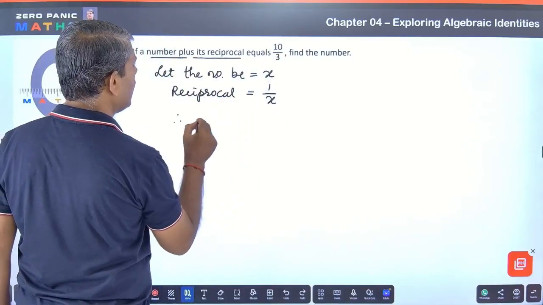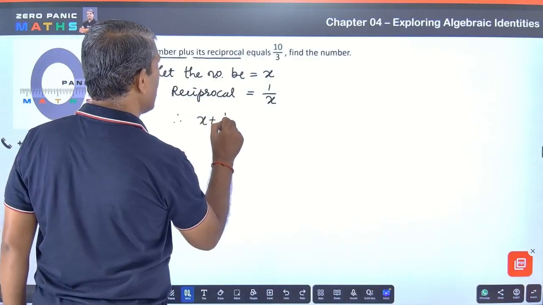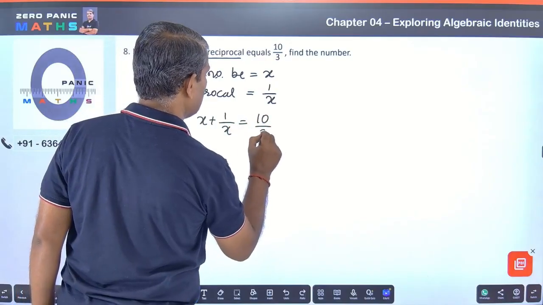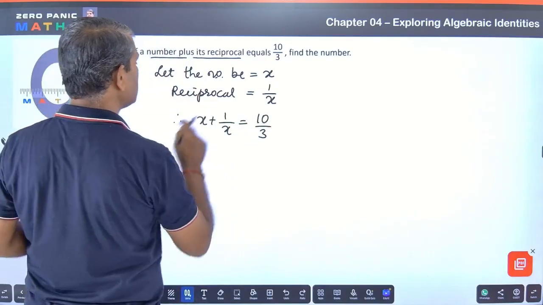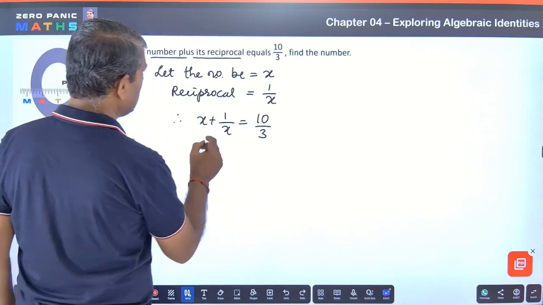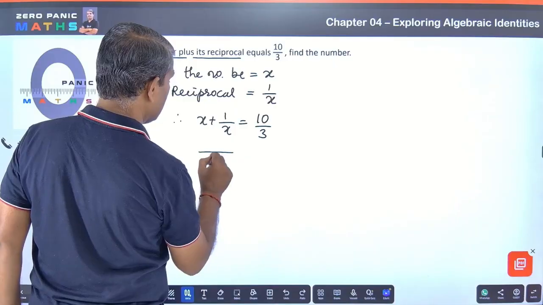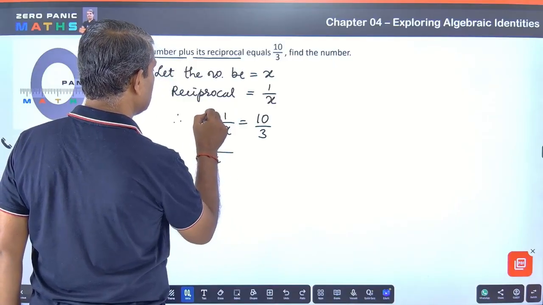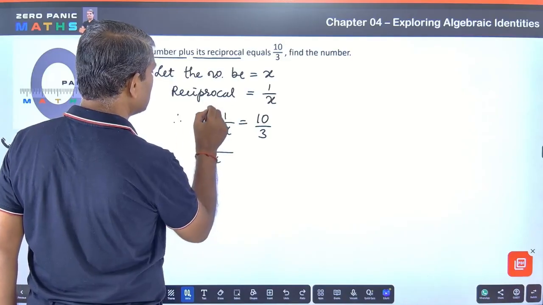Therefore x plus 1 by x is equal to 10 by 3. Now add x plus 1 by x, taking x as the LCM, we write x by 1, so it becomes x square.